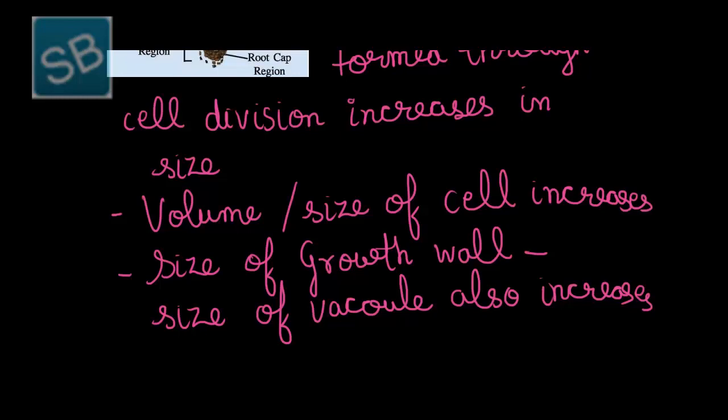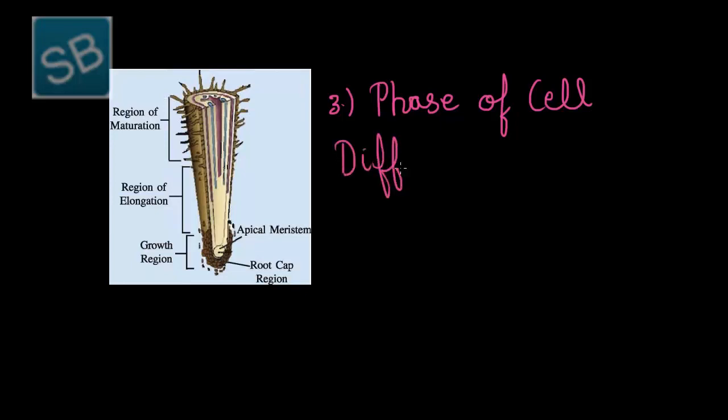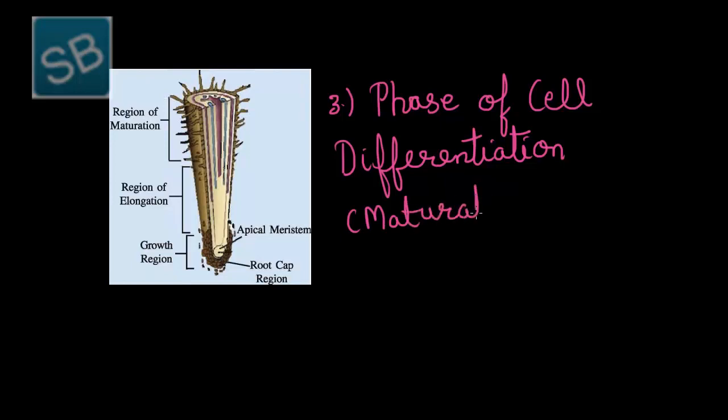Following it comes the third phase of cell differentiation and maturation. The cell differentiation process is also known as the phase of cell maturation, which as said is the final phase of growth.